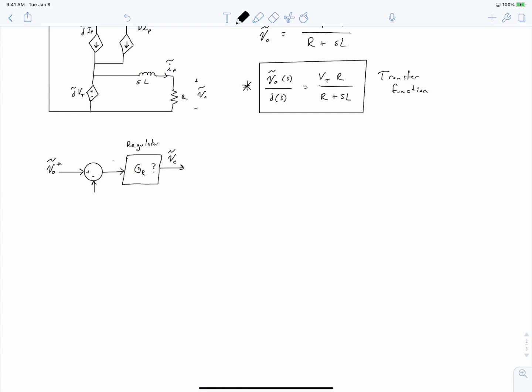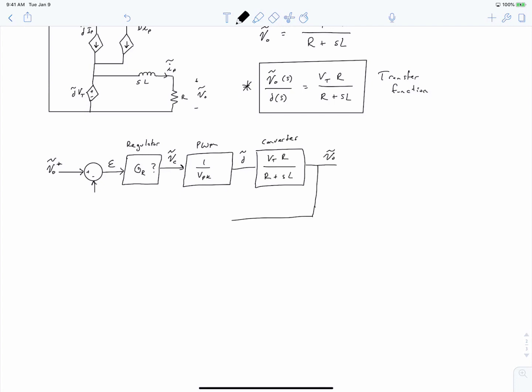And that generates a control voltage, which is now a small signal control voltage. And that connects to our PWM block that has the gain of 1 over V peak that we talked about last time. And now this creates d tilde, which feeds into our model for the converter. And we have a feedback path times our negative feedback factor, or sensor gain, beta.